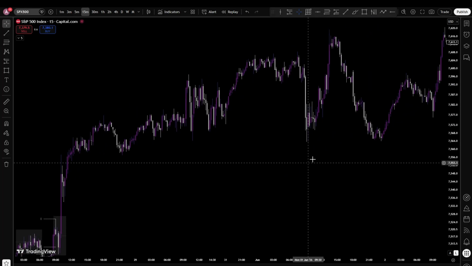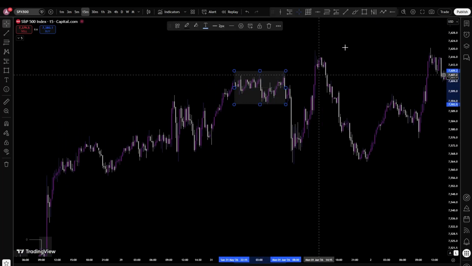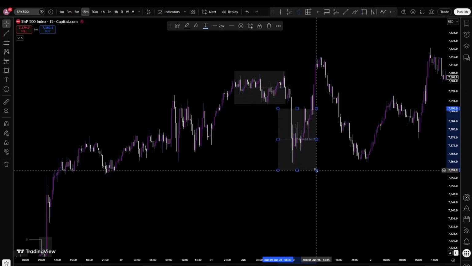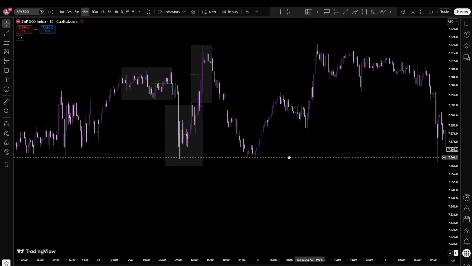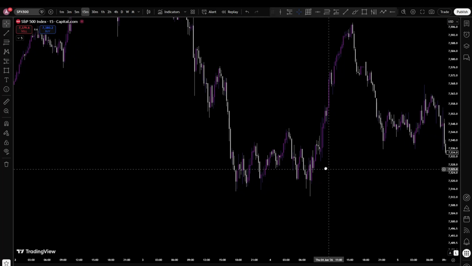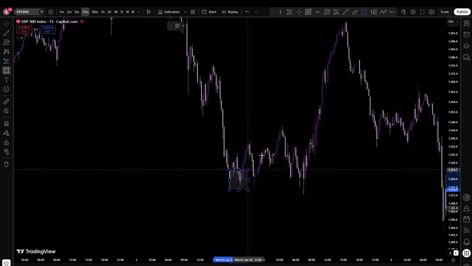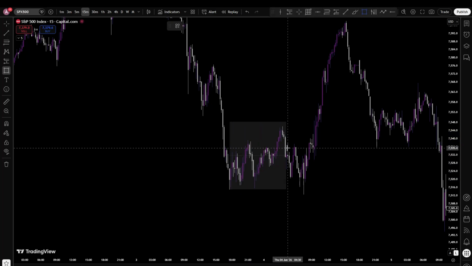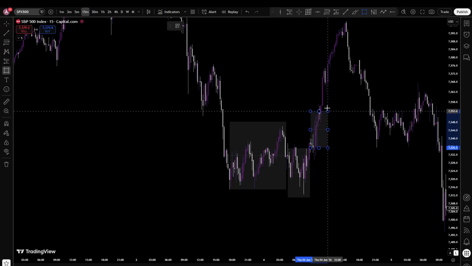I'm going to show you one more example. As you can see, we have here accumulation, manipulation, and after that distribution. After that we get one more time some accumulation, manipulation, and distribution.